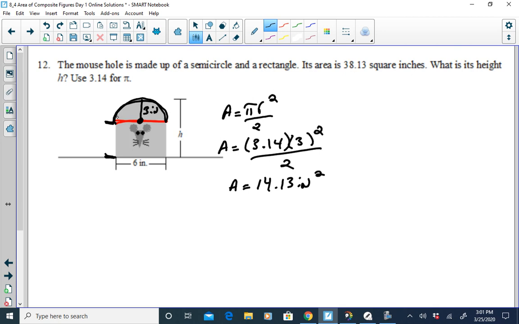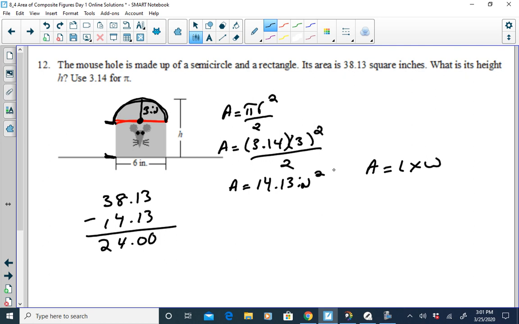Well, if I know the area of the semicircle is 14.13 and the whole area is 38.13, I subtract that. 38.13 minus the 14.13, and we wind up with 24 for the area of the rectangle. Well, we know that the area of a rectangle is length times width, or base times height.